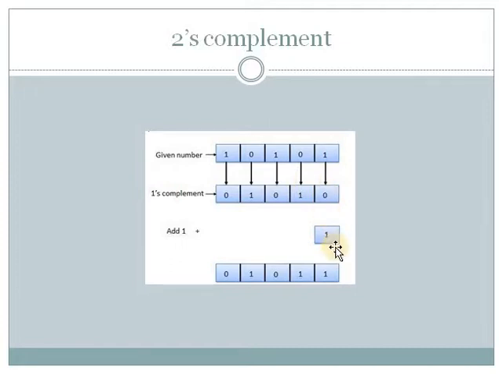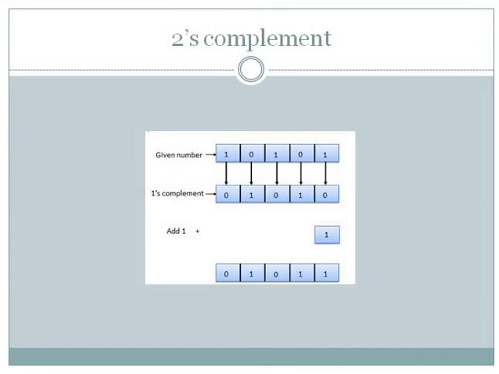See now, 0 plus 1 is 1. Other digits are the same. These digits are the same, but the least significant bit is added to the 1's complement. So 0 plus 1 is 1. This is the simple example for 2's complement.